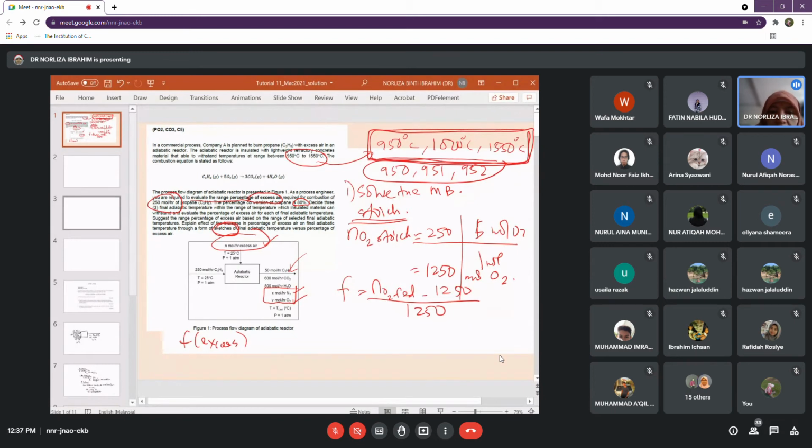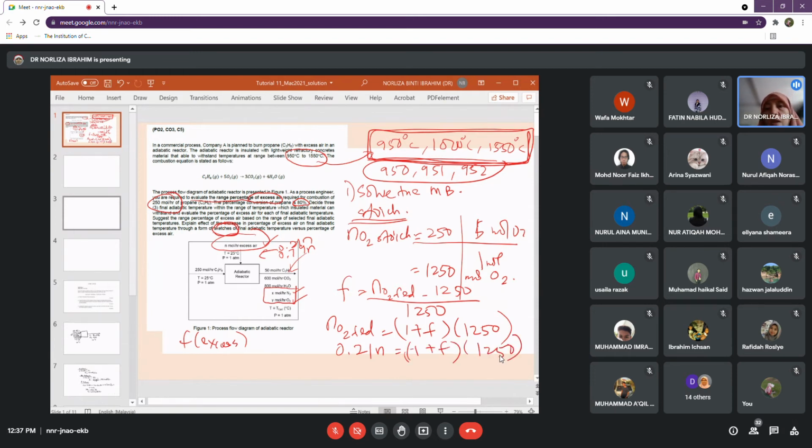If you simplify this, you got (1 plus F) times 1250 for the oxygen fed. In the air you have 0.21 N of oxygen and 0.79 N of nitrogen. So the N of oxygen fed here is actually 0.21 N, which equals (1 plus F) times 1250.